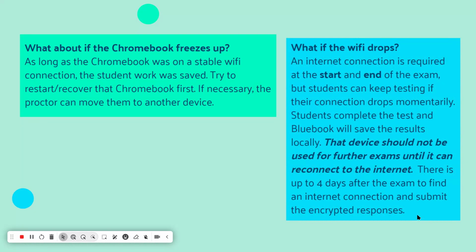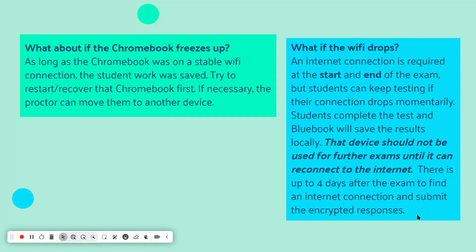Okay, so what if school-wide the internet just dies? The College Board only actually needs Blue Book to for sure have a connection at the very start and very end of the test. That's because at the beginning, it downloads an encrypted file that is your test. And at the very end, it sends everything back as an encrypted file.